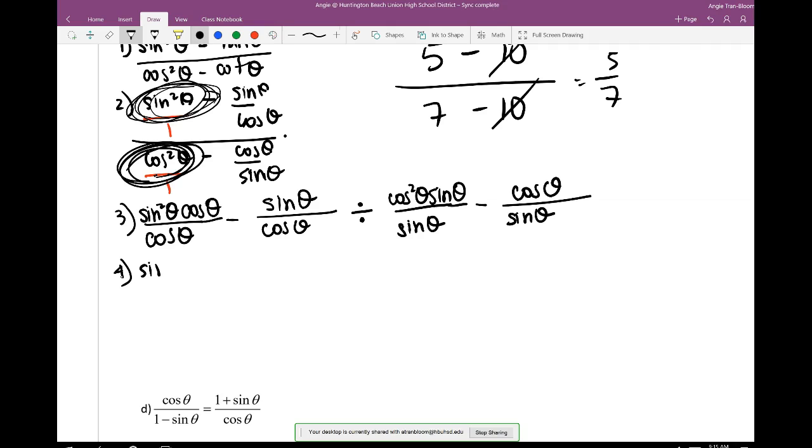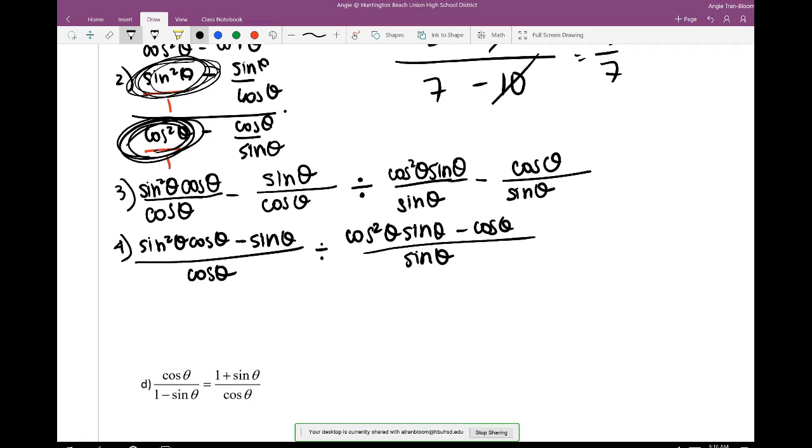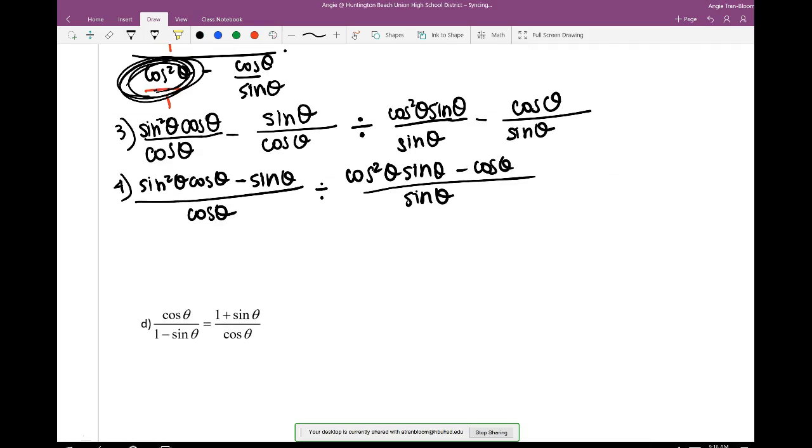Let's merge them. Okay, divided by this side. Okay, beautiful. Now what? Christian, give it a wild shot. What do you want to do?